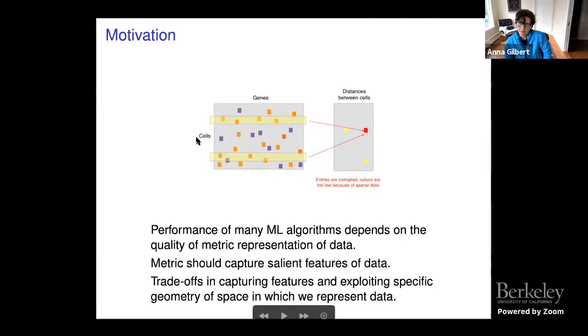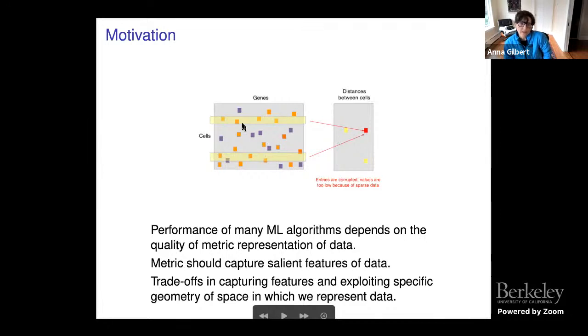And what a lot of the bioinformatics questions or algorithms people were trying to use involved was converting this matrix into distances between cells.